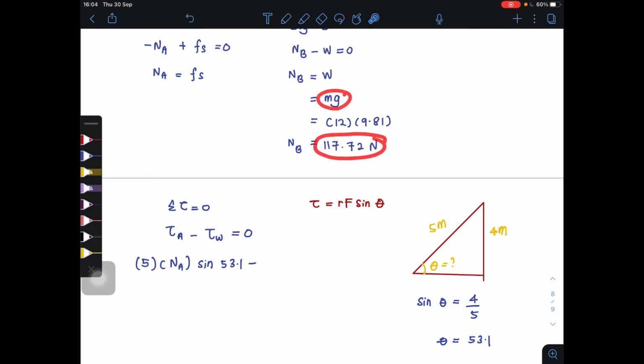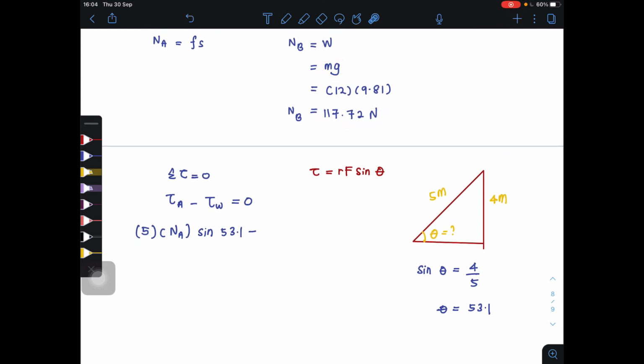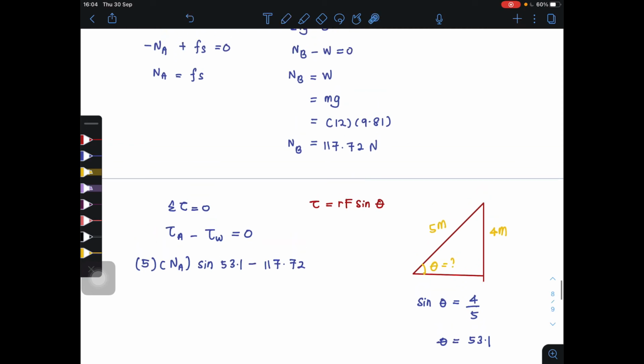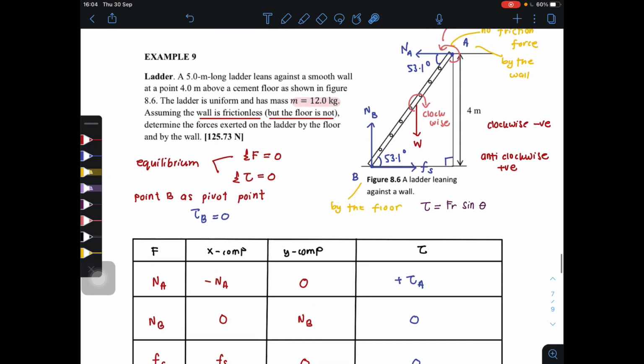So this is the value lah, kita terus boleh masukkan, which is 117.72, and then times with R. So like I said earlier, point ni adalah point dekat center, which is daripada sini ke sini akan jadi 2.5 meter.